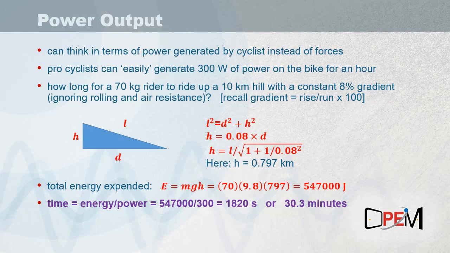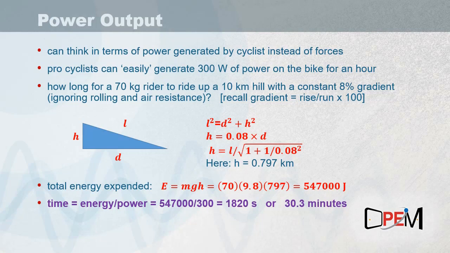Here I'm ignoring the weight of the bicycle and just using the mass of the rider. So that's mgh: 70 kilograms times 9.8 meters per second squared times 797 meters, or 0.797 kilometers.